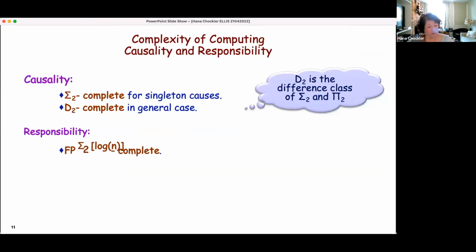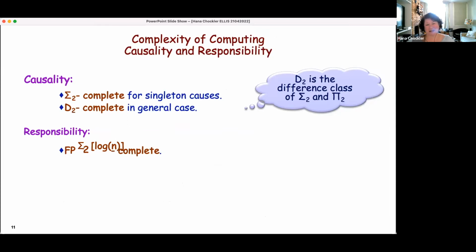Now, the complexity of deciding these decision problems and of actually computing the functions associated with them is quite unpleasant. They're all intractable.